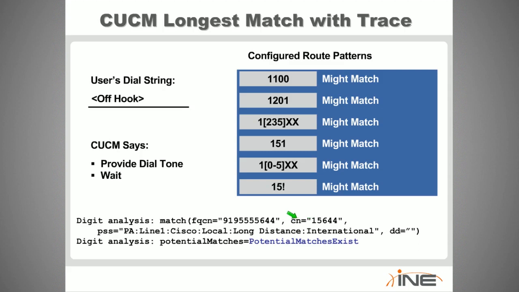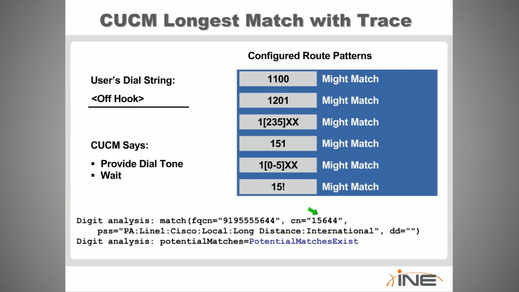Down here at the bottom, we see that the digit analysis matches, first of all, the CN, or calling number, of 15644, and the fully qualified calling number of 919-555-5644. So what's the difference between the calling number and the fully qualified calling number?